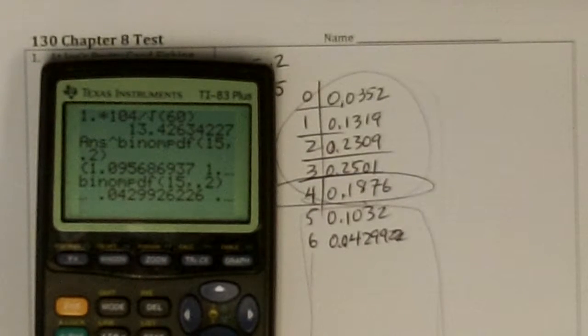So if I pull that sheet out, I'm getting that right now, for 15 trials, where did it go? There it is. 15 trials. That's on this page. 15 trials with a probability of success of 20%.